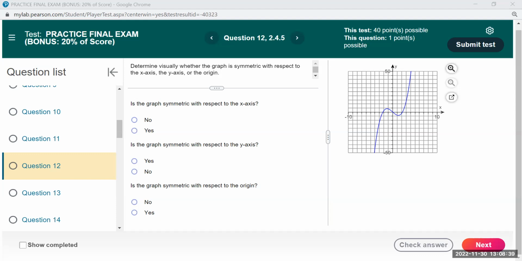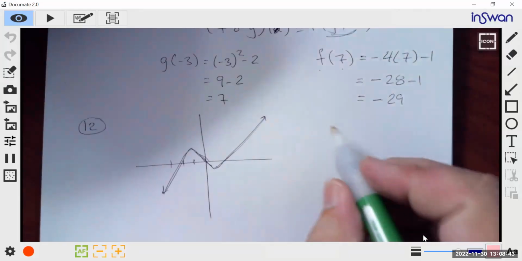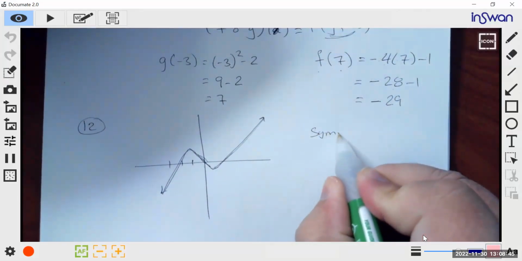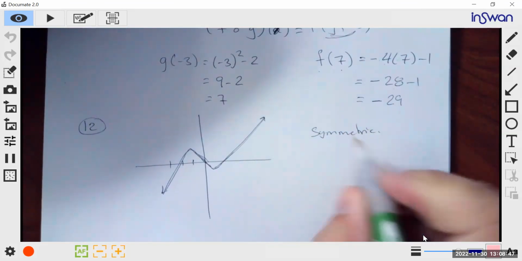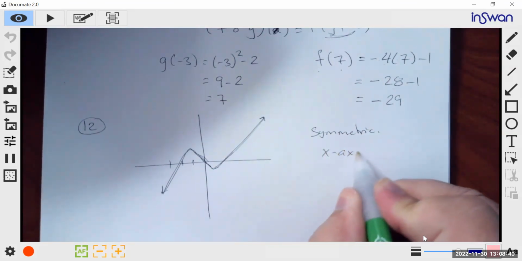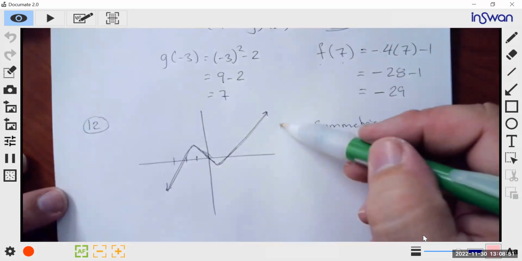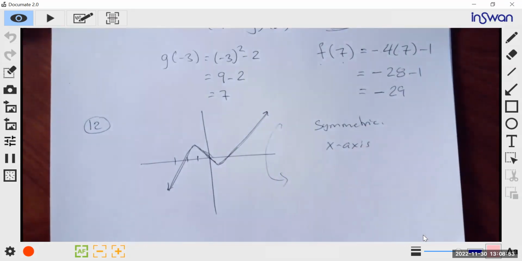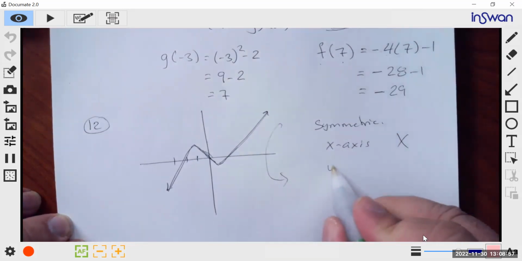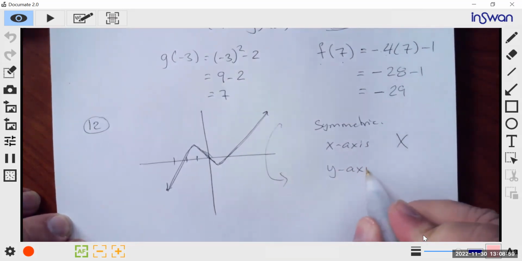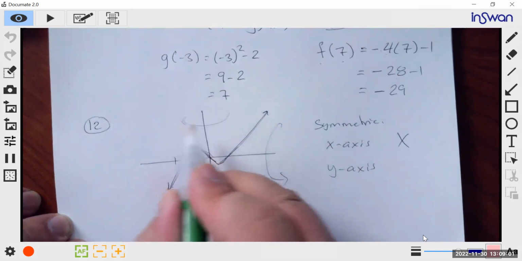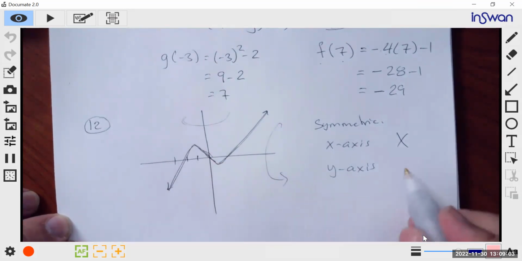Okay, so in our equation here, symmetric about the x-axis, in other words, if you folded it this way, would the pictures be the same? No. The y-axis, if you flipped it this way, would they be the same?